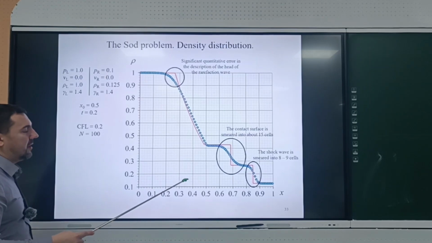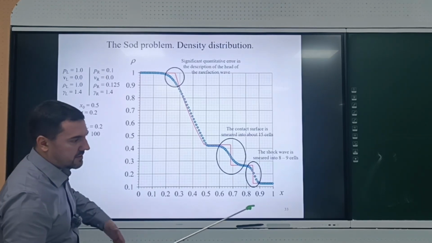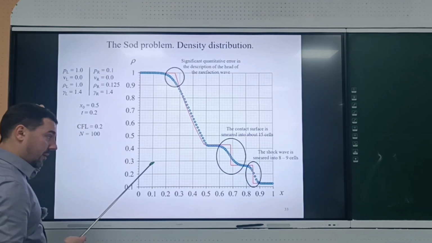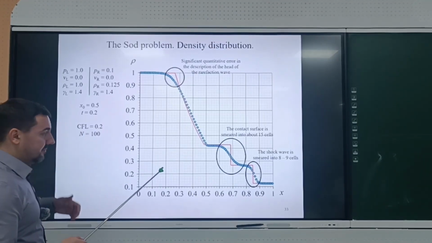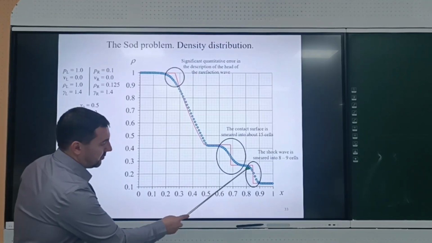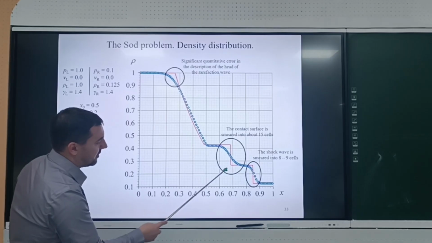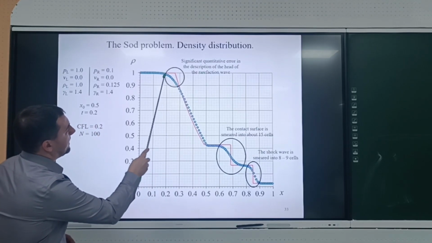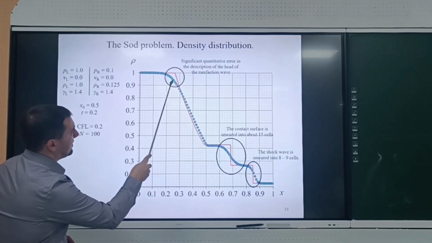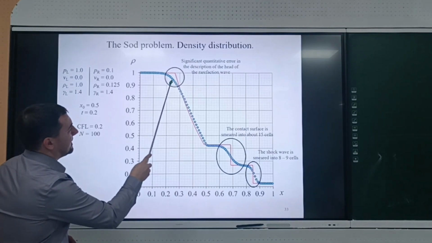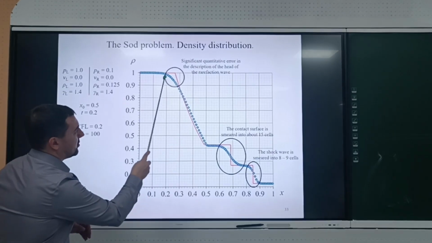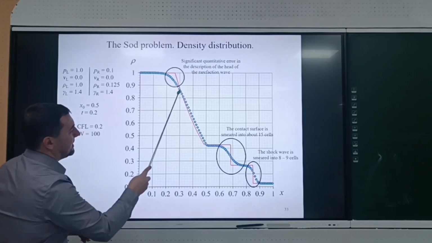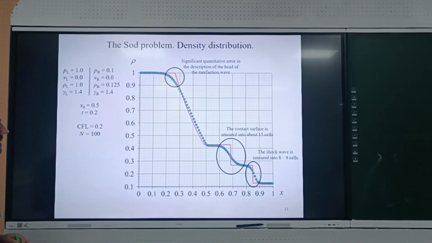And people usually, if you open papers where people try to compute this test, they are always proud if they have only 1 or 2 points here and a couple of points here, and they also analyze this point. So this is the head of the rarefaction wave, and you can see also there's a big error here, and people also try to get better results in this region.